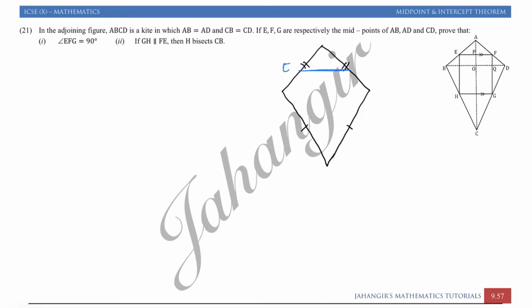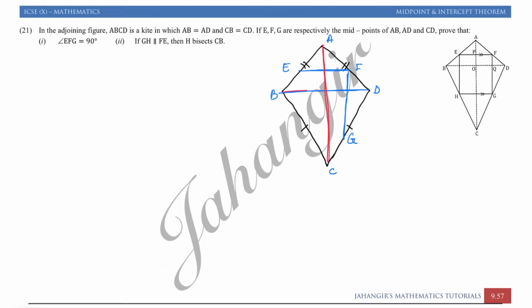This is E, F, A, B, C, D. So we can join this line. First we have to prove EFG is 90. I can draw this line, and G is the midpoint of CD.